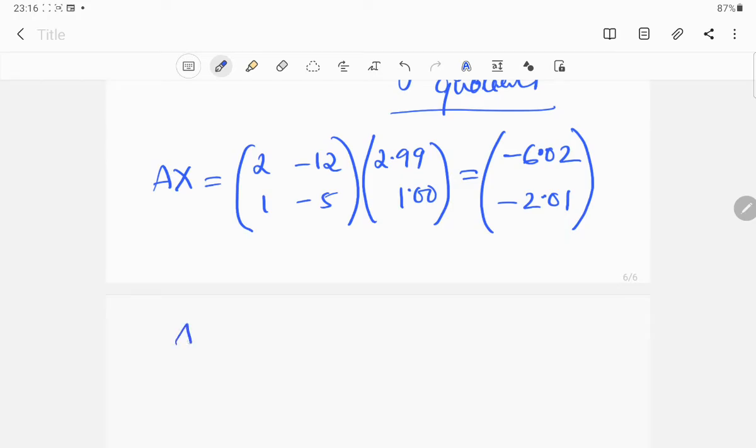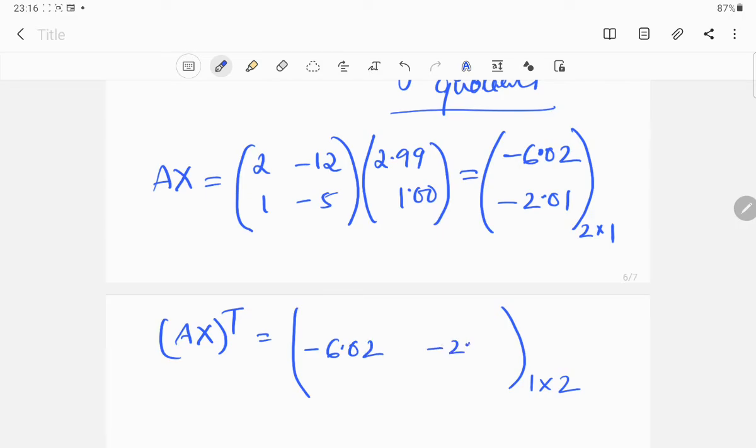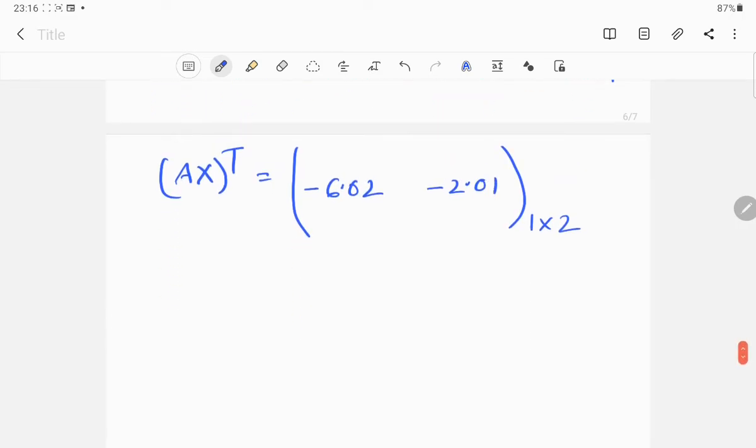Now we need to take the transpose of this. Transpose means rows are converted to columns and columns to rows, they are interchanged. It is 2 rows and 1 column, and we need to convert it to 1 row and 2 columns. So minus 6.02, minus 2.01. Done.